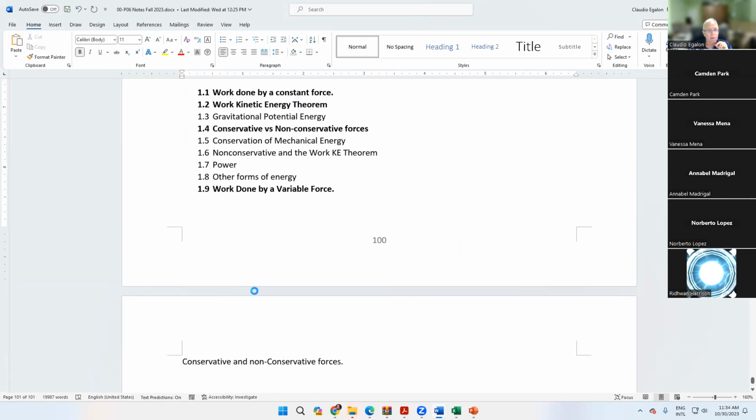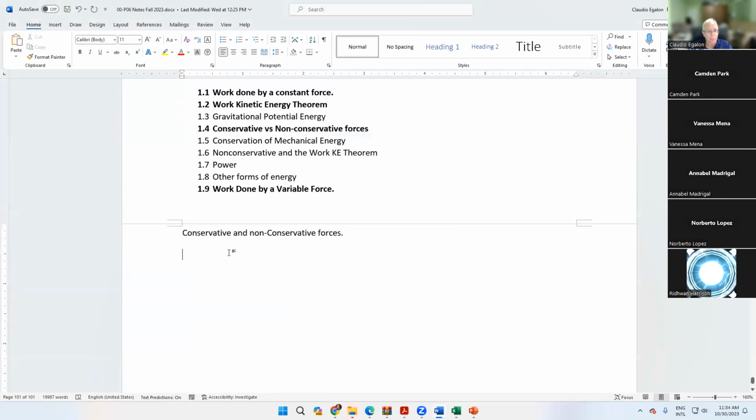There are contact forces and non-contact forces.